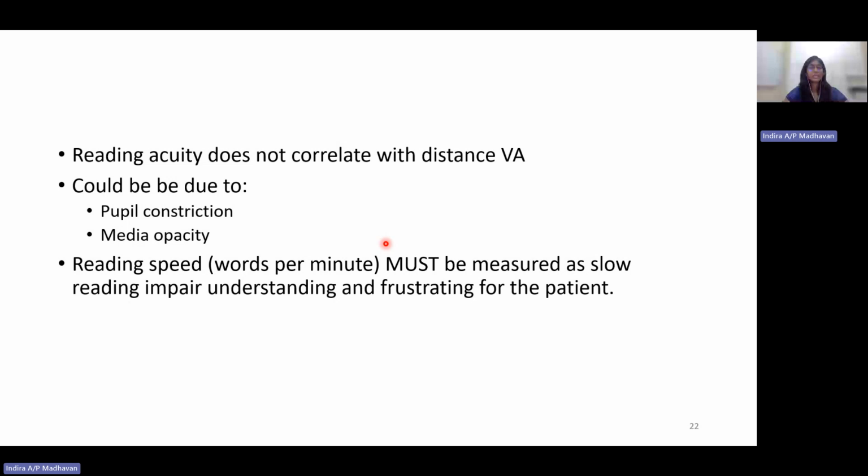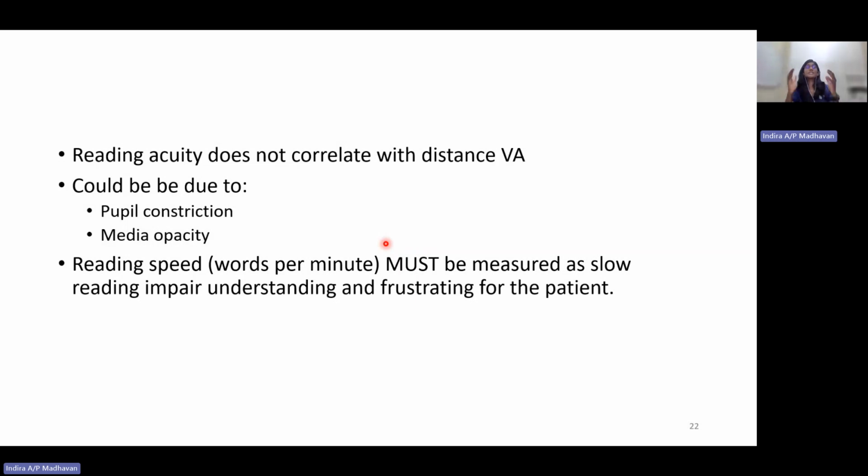But in a low vision clinic, we also need to record the reading speed. So reading speed is how many words the patient can read in 1 minute. And it must be measured, as low reading speed impacts understanding and is frustrating for the patient.